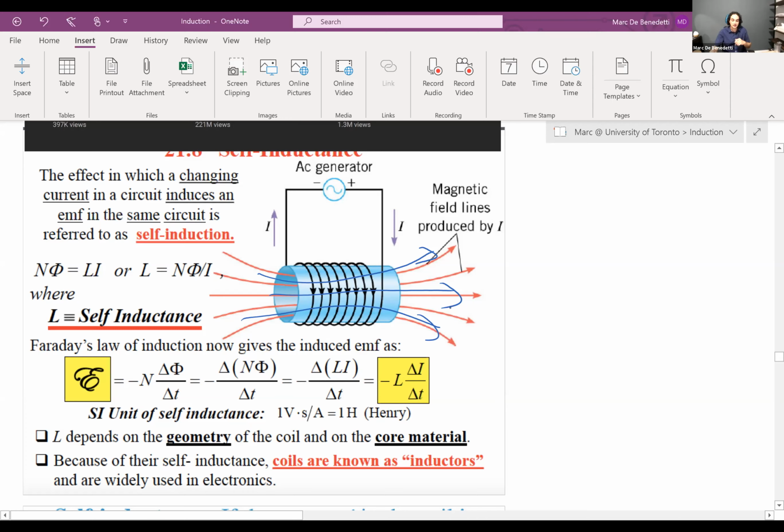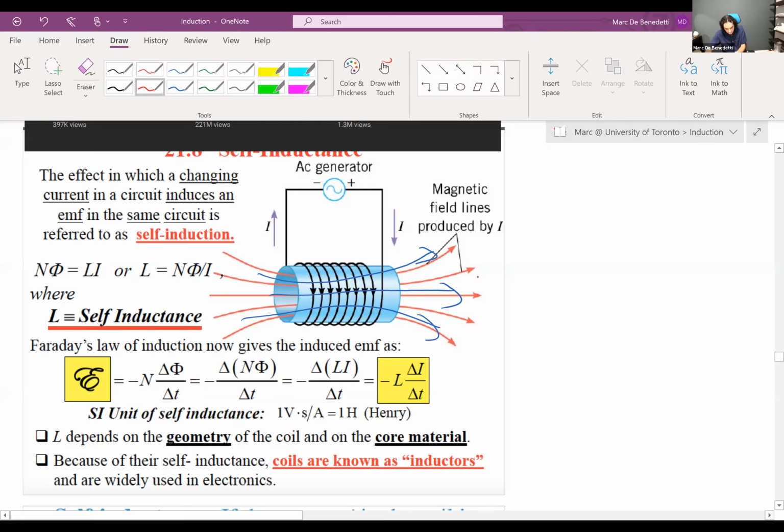And if the current is AC and constantly flipping back and forth, then a moment in time later, the B field will be going backwards, and the primary coil itself will feel a change in flux. So there is an induced voltage in the primary coil as well, a back EMF, and we can quantify that back EMF using a new parameter called self-inductance.